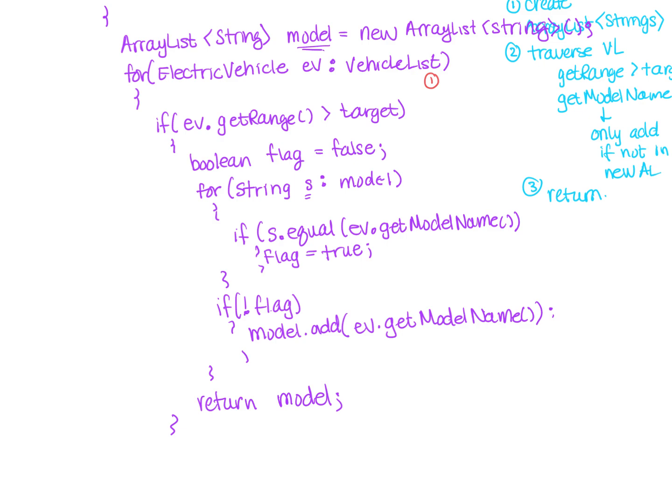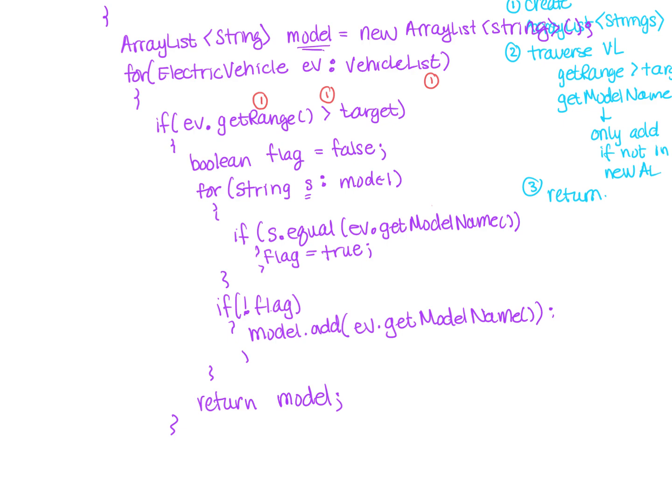The second point calls getRange and getModelName. If somewhere in your code you use the object to call getRange and somewhere you use getModelName, you get a point. You have to do both of them to get the one point. The third point comes from determining whether a vehicle has a significant range, so we have to do this inequality: it's got to be greater than the target.